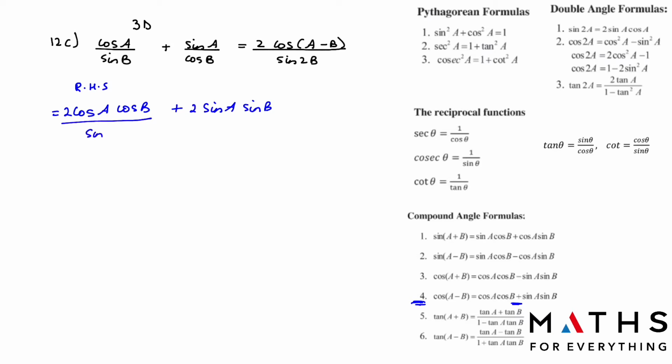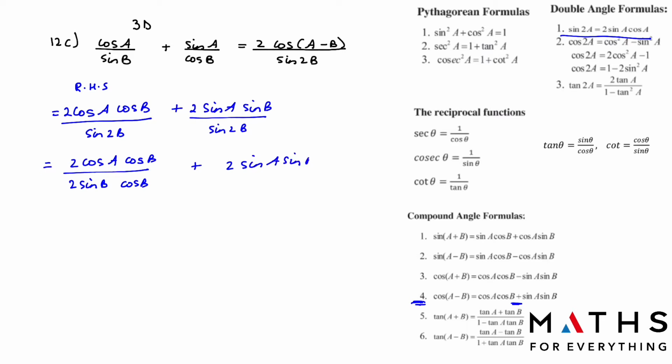We can write sin 2b over sin 2b. Using the double angle formula for sin 2b, this one, we will get 2 sin b cos b. Same this side, 2 sin b cos b.